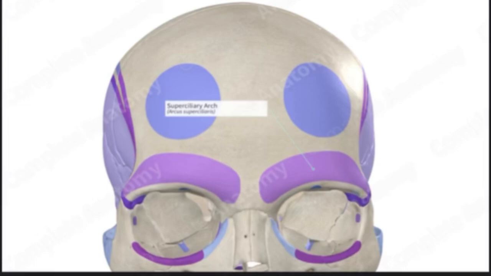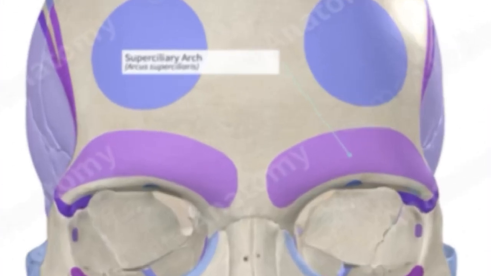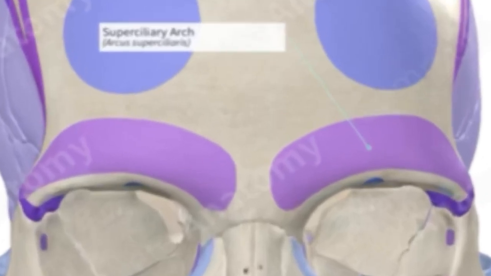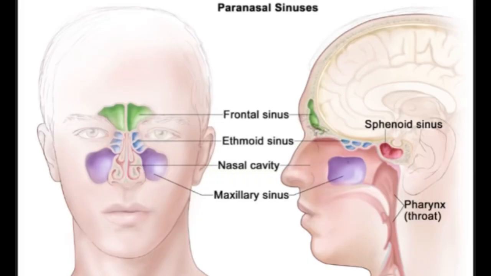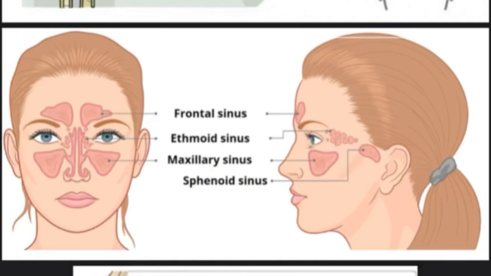This picture shows the elevations above the eyebrows, which are the frontal sinus area, called superciliary arches. And in this picture, you can see the frontal sinus. And in this picture also, this is the frontal sinus.